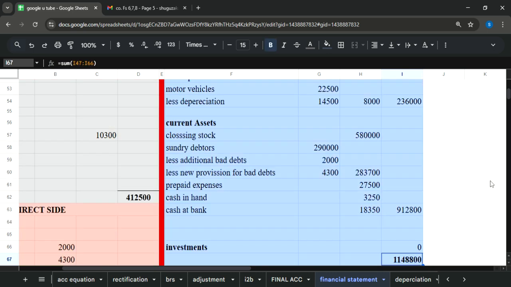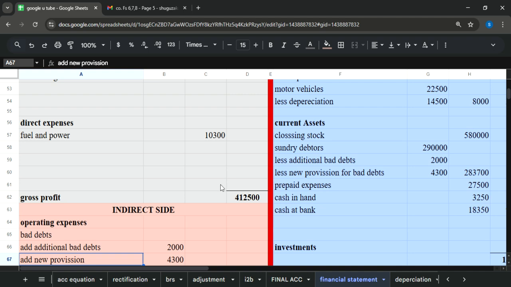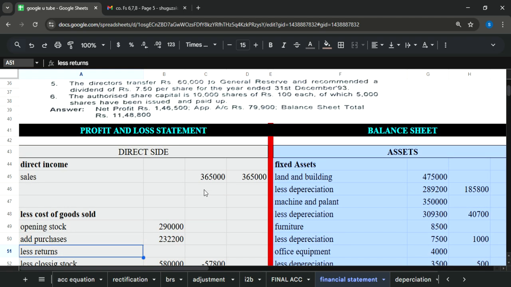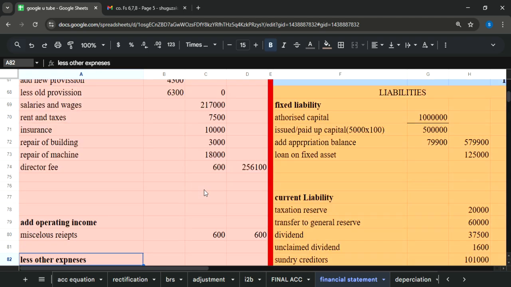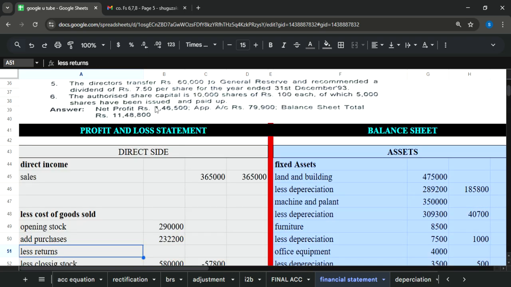1148800, 1148800. So in this way all 5 sides are completed, where we calculated gross profit first, the answer was not available. Then we calculated net profit 146,500, the answer was available and correct.